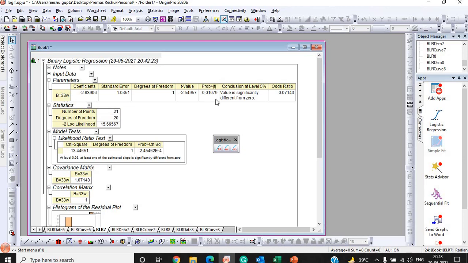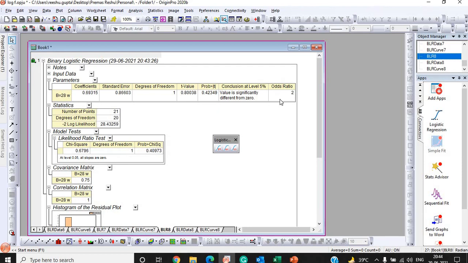So this table is showing that when the gestational age of a child is 33 weeks, the child has much less chance of not being on breastfeeding. But if you calculate the same thing for the 28 weeks child, there are double the chances that the child will not be on the breastfeeding diet. So by this software you can calculate it. This is just the odds ratio.